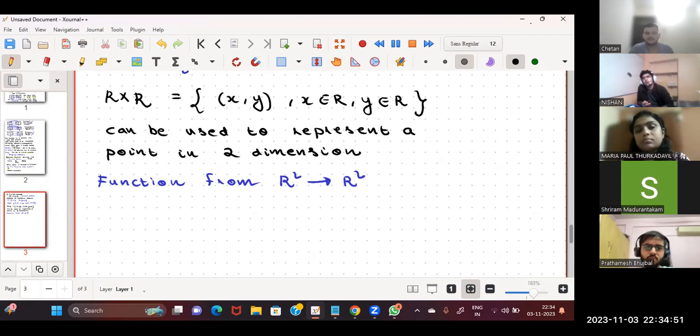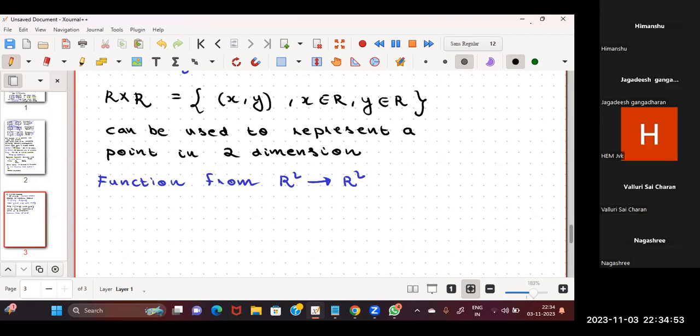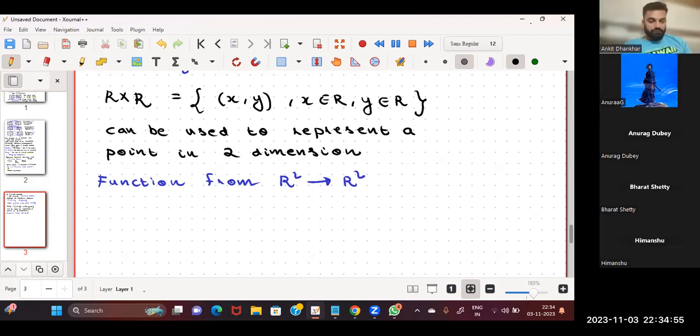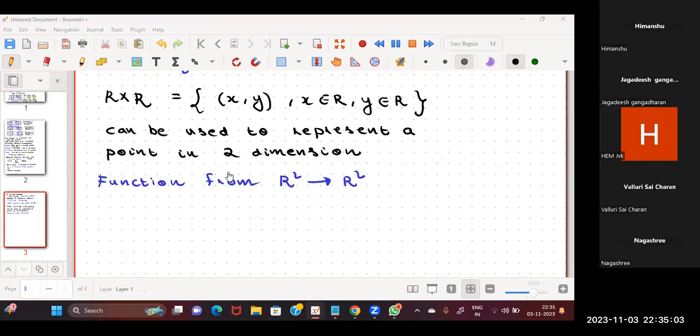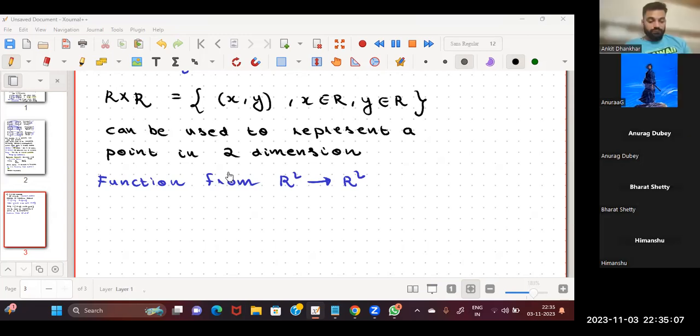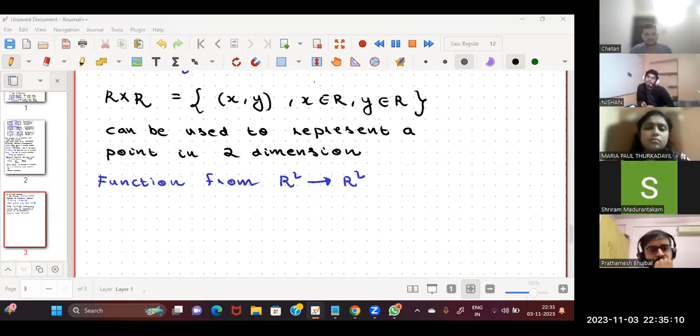A function from R2 to R2 takes input from 2 dimensions and gives you an output in 2 dimensions. f(x, y) equals (x plus y, y plus 2). That is correct. That is one such function from R2 to R2.